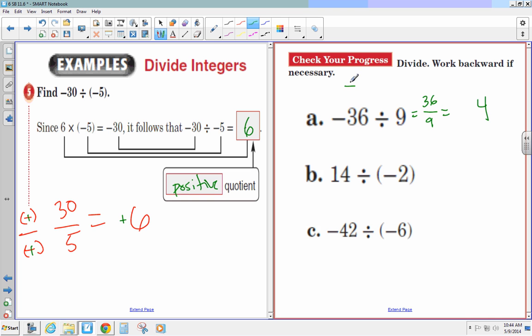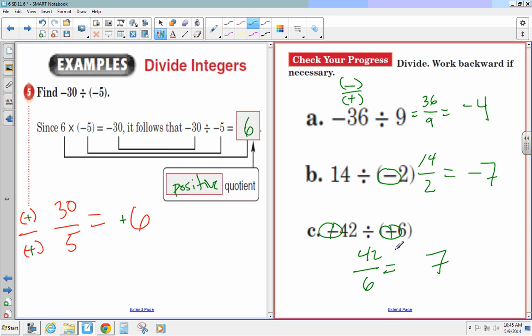But negative divided by a positive ends up being a negative result. Next, 14 divided by 2. We know the result, because of this singular negative, will be negative. 14 divided by 2 is 7. 42 divided by 6, that's also 7. And if you look, a negative with another negative, they cancel. The result will be a positive 7.